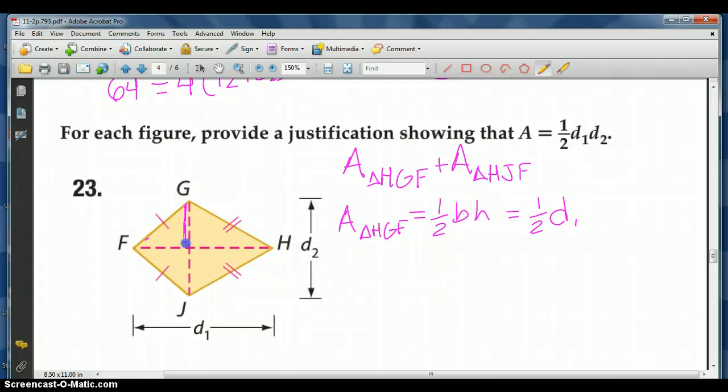Its height would be this length because it's perpendicular to the base. So that would be half of D2. So if I simplify this, I take 1/2 times 1/2, I get 1/4 D1 times D2.